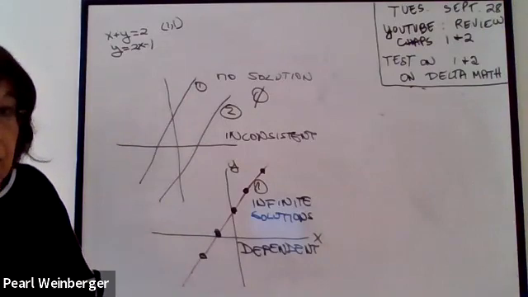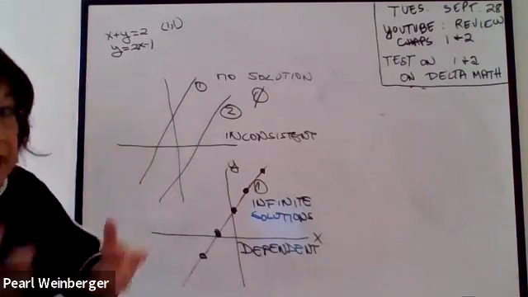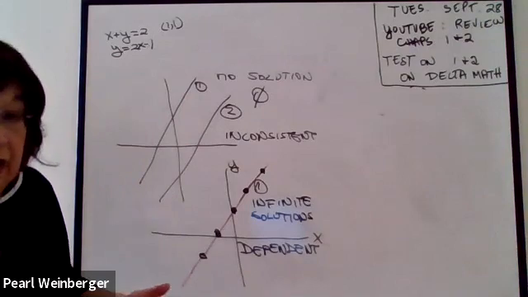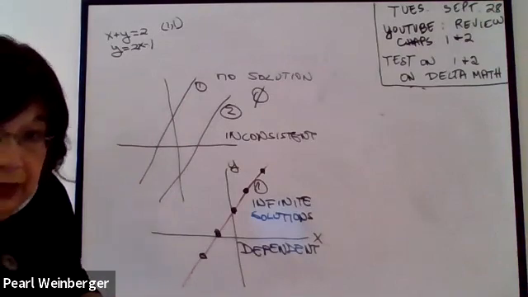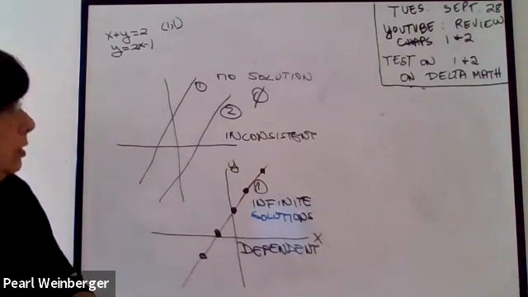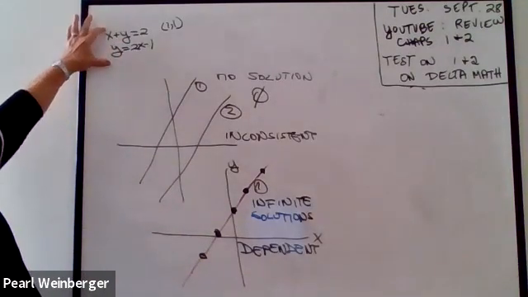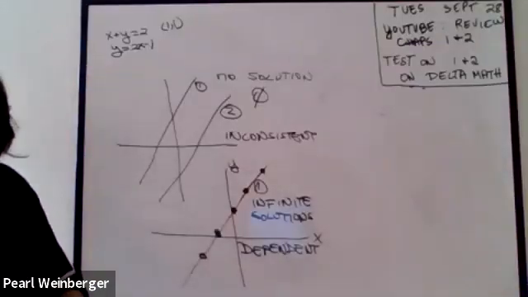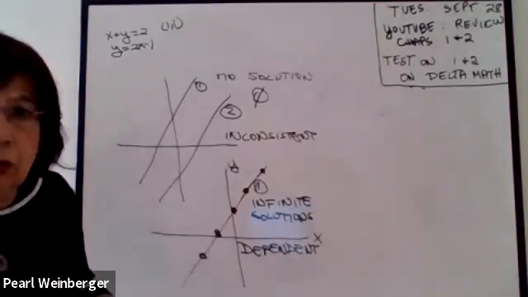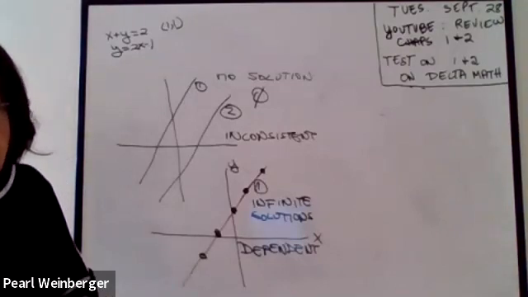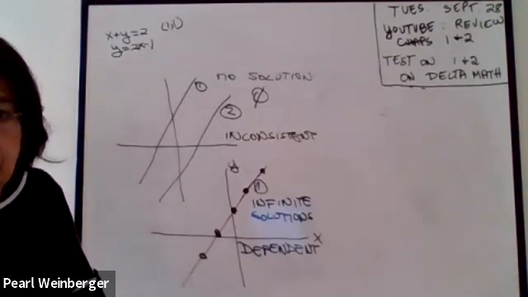Okay. And we actually have ways of telling if this is going to happen even before we go ahead and do the work. What I'd like to do now is to go back to this original equation that we did graphically and show you another method of doing it, something called an algebraic method.